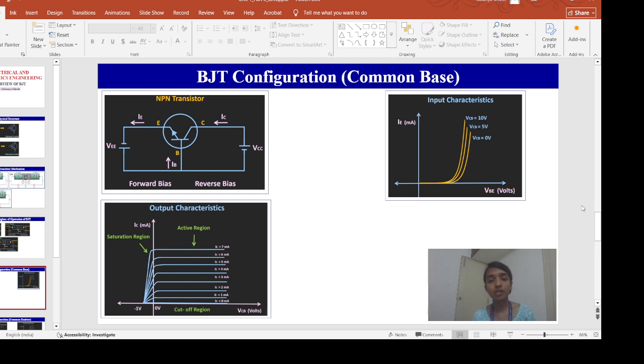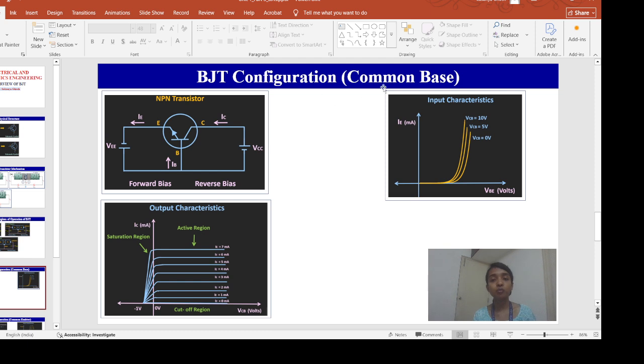Now, BJT can operate in three modes. One is common base mode, another one is common collector mode, and the third one is common emitter mode. So first we will see what is common base configuration. Common base configuration means my base terminal. We have seen that BJT has three terminals, emitter, base and collector.